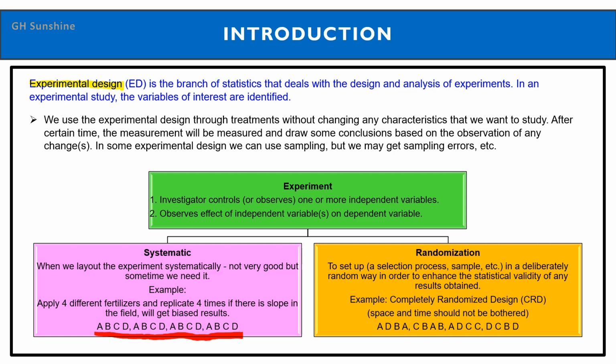For this type of experiment, space and time should not be bothered. For example, we apply 4 different fertilizers and replicate 4 times. This is one result that may be obtained: ADBA, CBAB, ADCC, and DCBD.